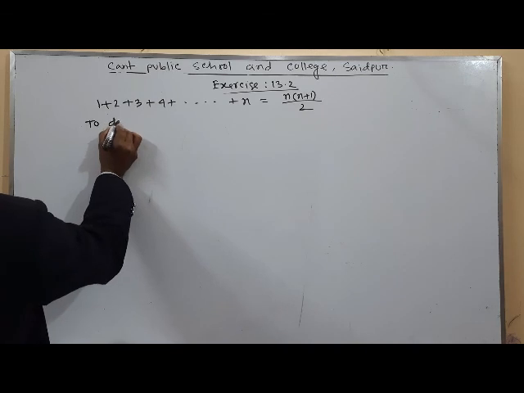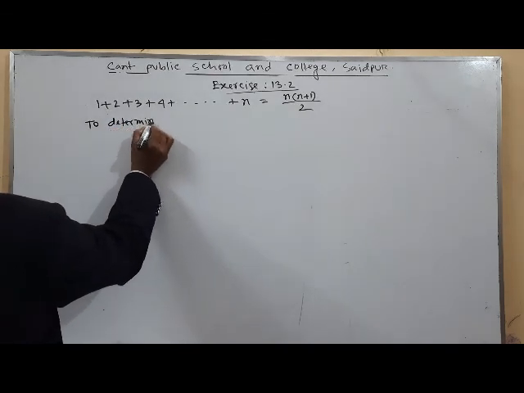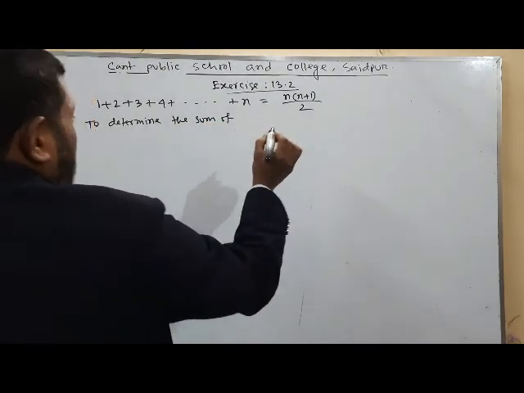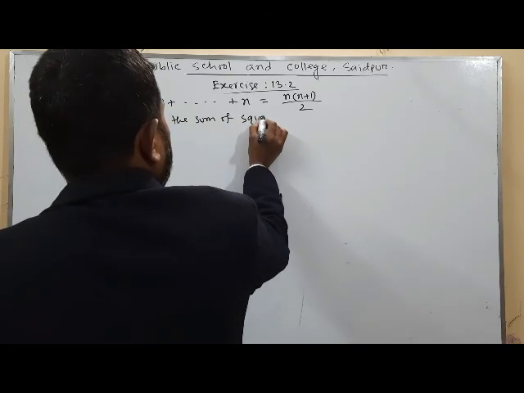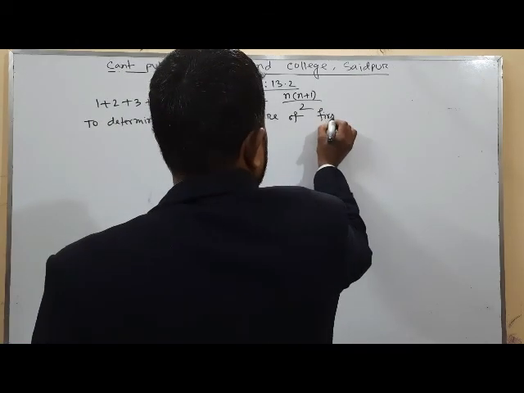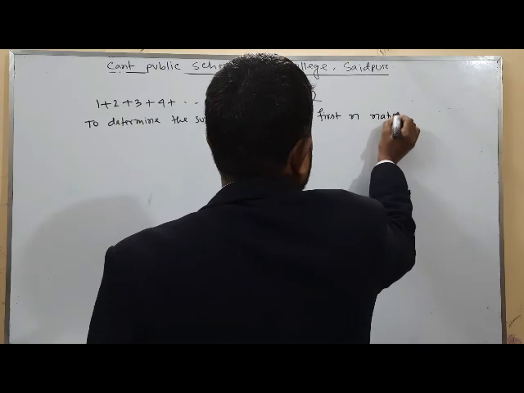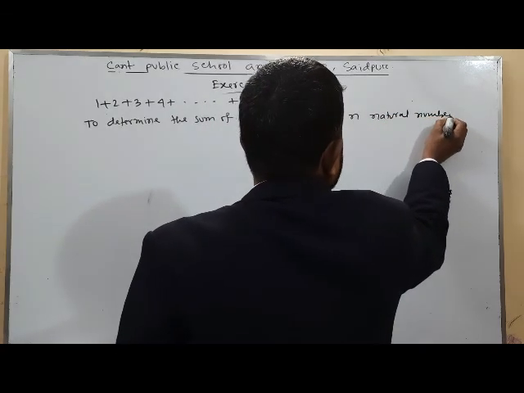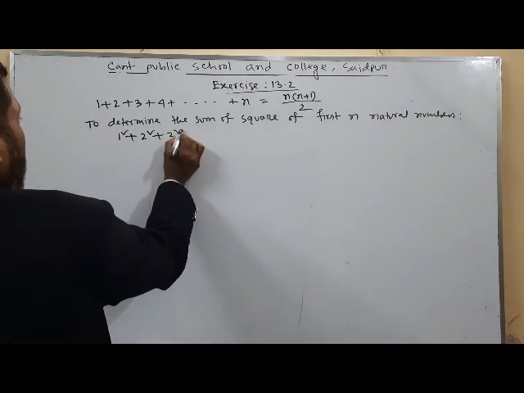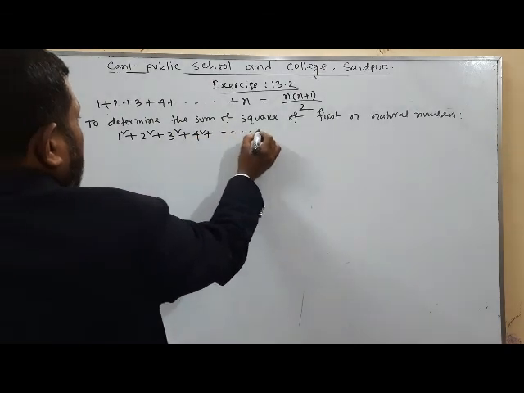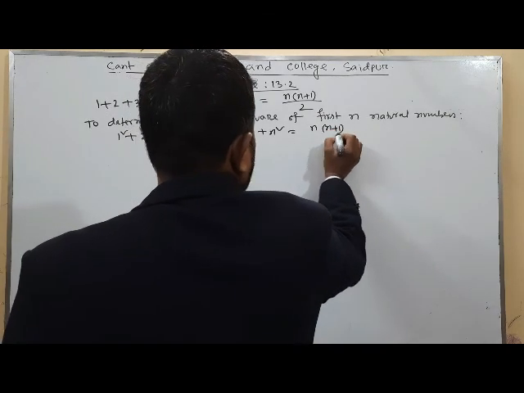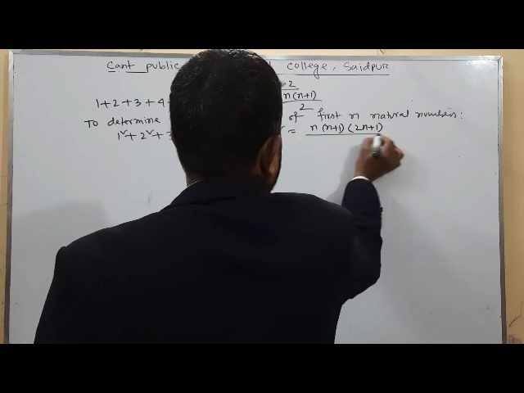To determine the sum of square of first n natural numbers, that is 1 square plus 2 square plus 3 square plus 4 square up to n square, this is equal to n into n plus 1 into 2n plus 1 by 6.